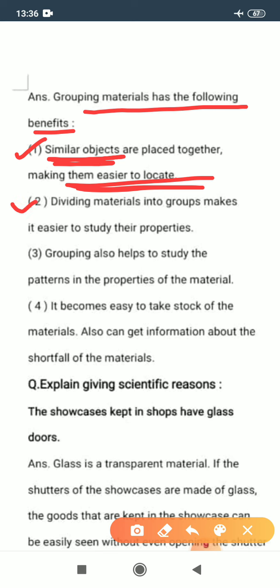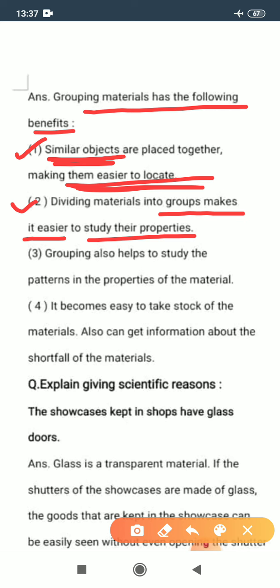Point number 2, dividing materials into groups makes it easier to study their properties. Suppose I am having different types of material. Some were made up of plastic, some of wood, and some of different materials.